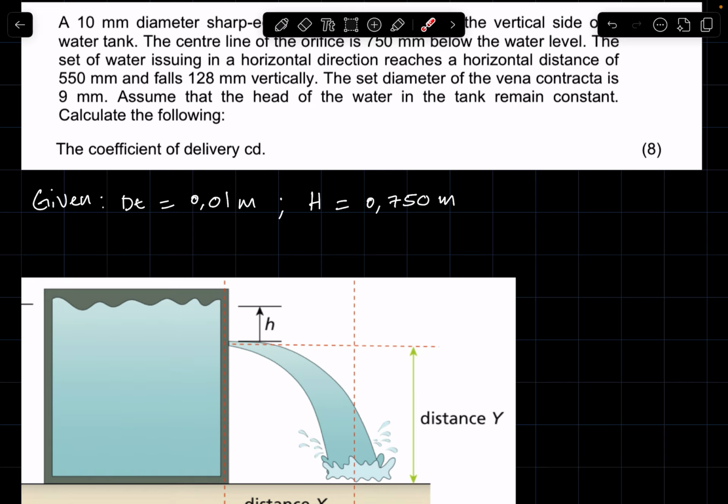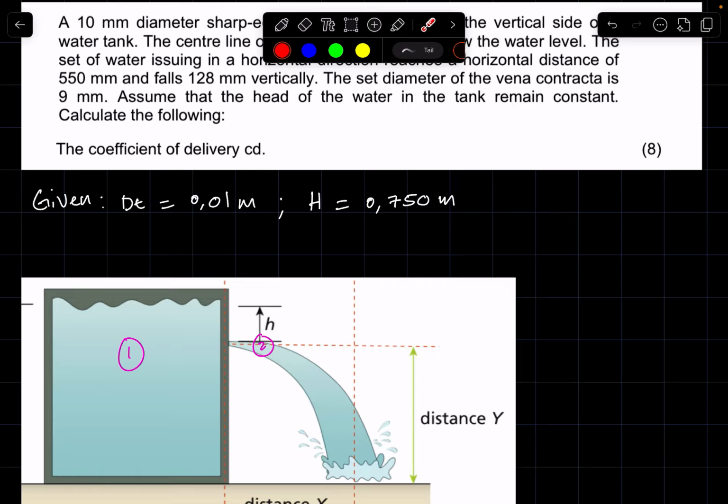So we take point 1 as this one and point 2 as that one. Point 2 is essentially at the vena contracta of the water jet, and point 1 is on the inside of the reservoir.